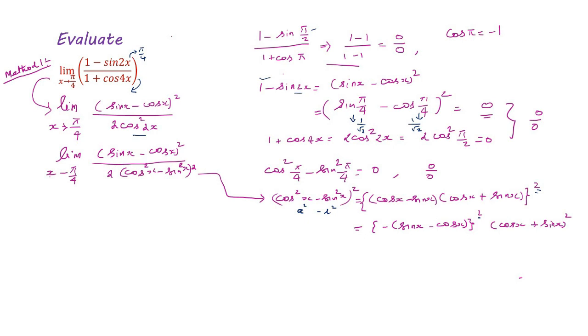Now when you simplify this, you get the denominator as 2 into (sin x minus cos x) the whole square into (cos x plus sin x) the whole square. So put it in the function.